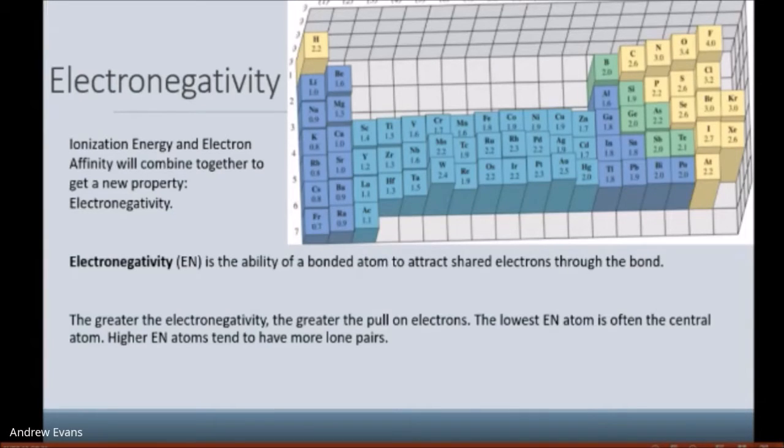Essentially, electronegativity is a giant tug of war. You have this bond as a rope between the two atoms, where an equal sharing of electrons puts the electrons, the knot, squarely in between them. They're equally matched. They spend the time exactly in the middle.